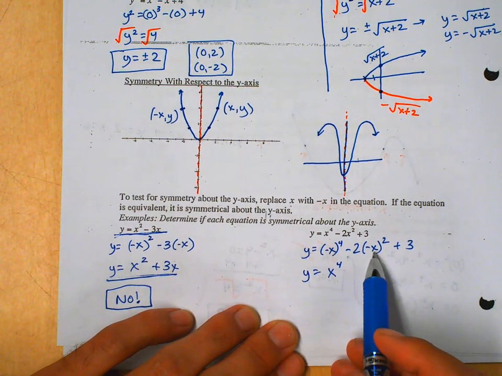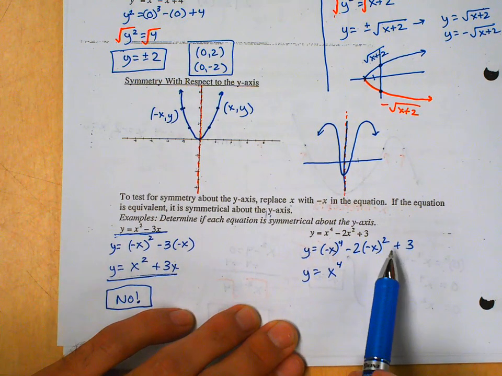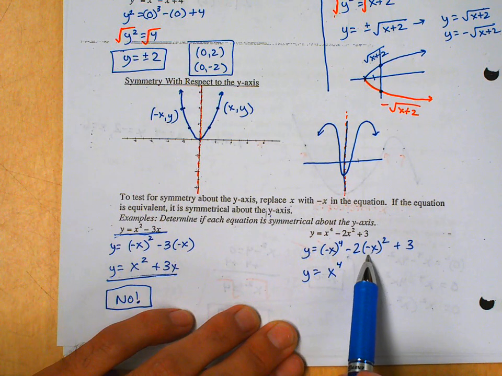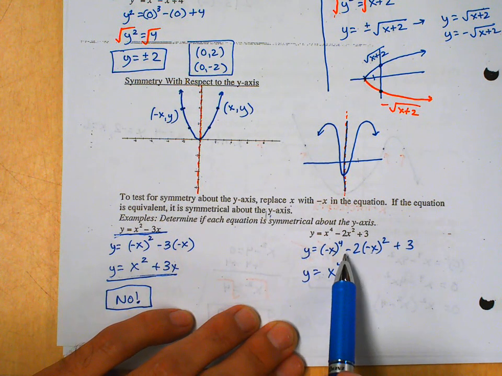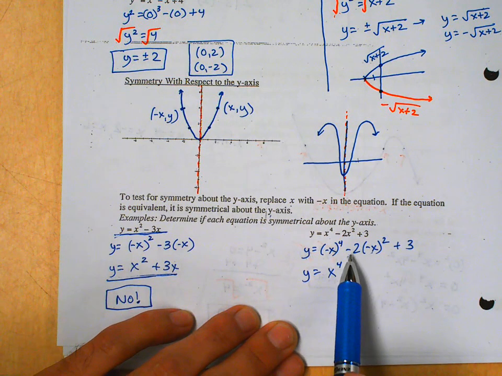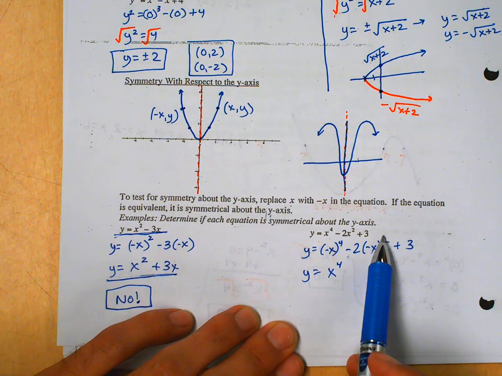Same thing here. I mentioned this earlier. Do exponents before multiplication, order of operations. You need to do negative x squared first, not negative 2 times negative x. Okay, do not do negative 2 times negative x. You have to do the exponent before multiplication.